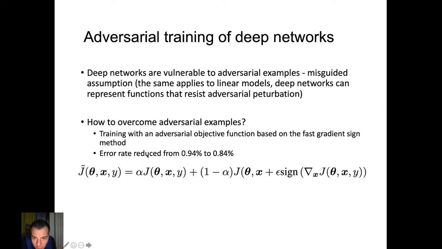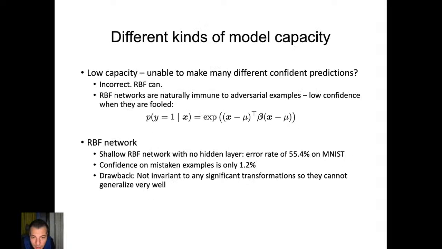Using this approach, they were able to reduce the error rate from 0.94 to 0.84. So this gives an improvement to the model when it is applied on original, clean training data.